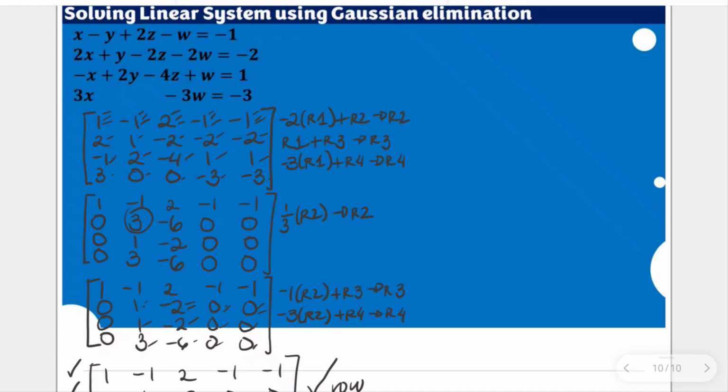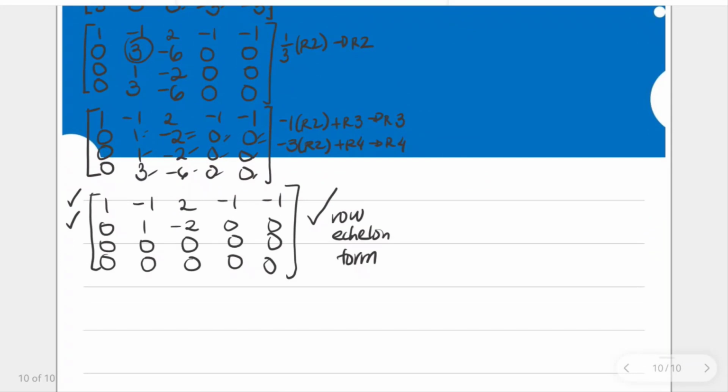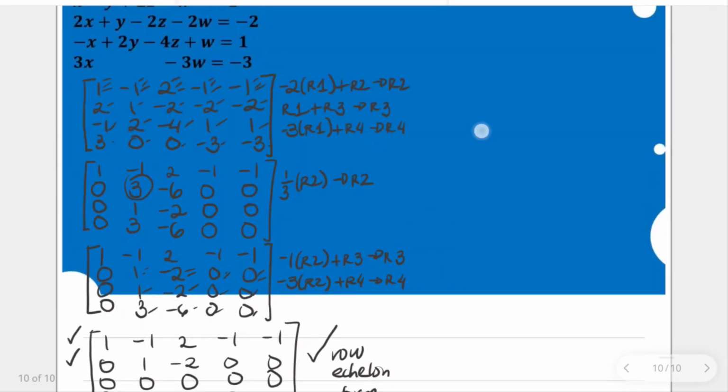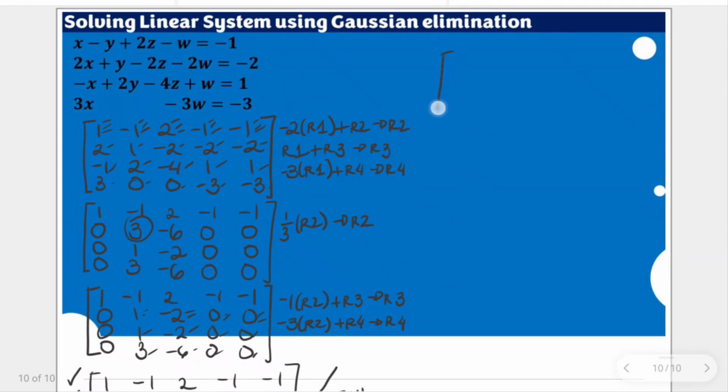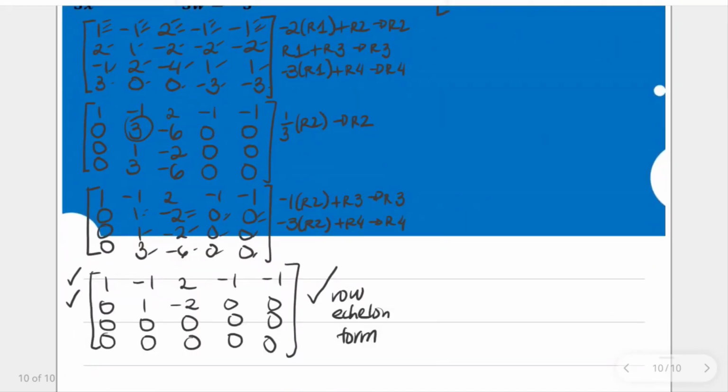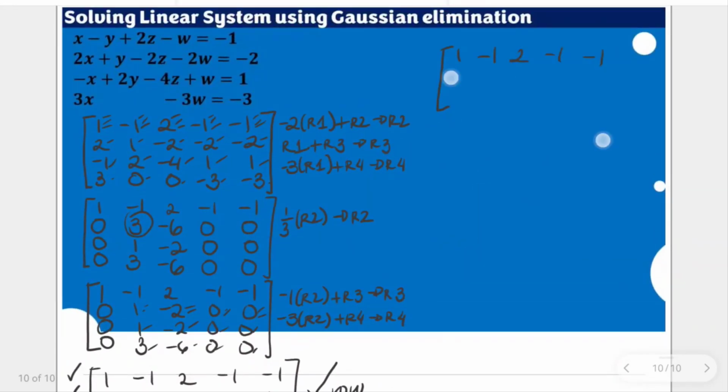So to compare this to our original linear system, let me copy here so we would know that these are the coefficients. Let me copy this final row echelon form here. So 1, -1, 2, -1, -1. Our second row is 0, +1, -2, 0, 0. And the third and fourth rows are all 0.